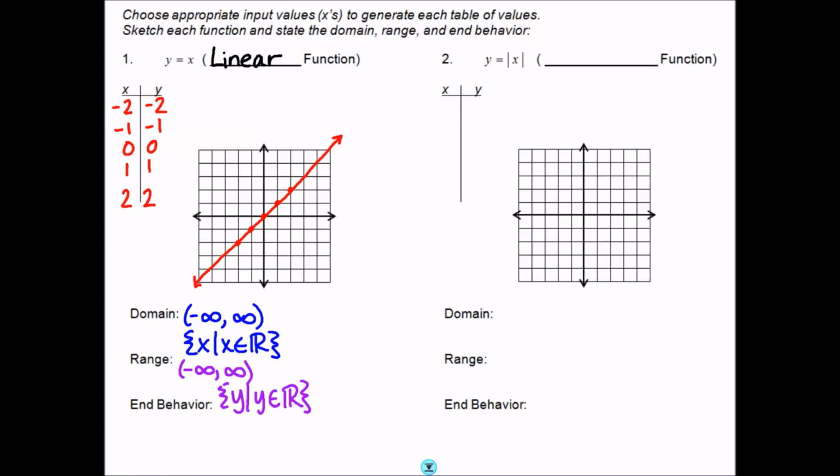And now for end behavior. Remember that you always start off the same way for every end behavior. You say as x approaches either positive or -infinity, f of x approaches blank.